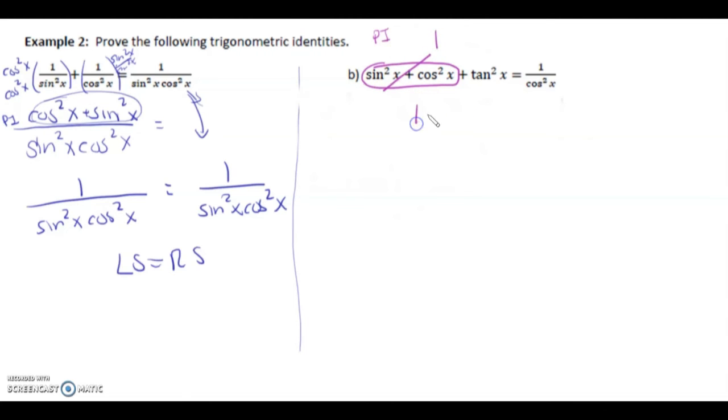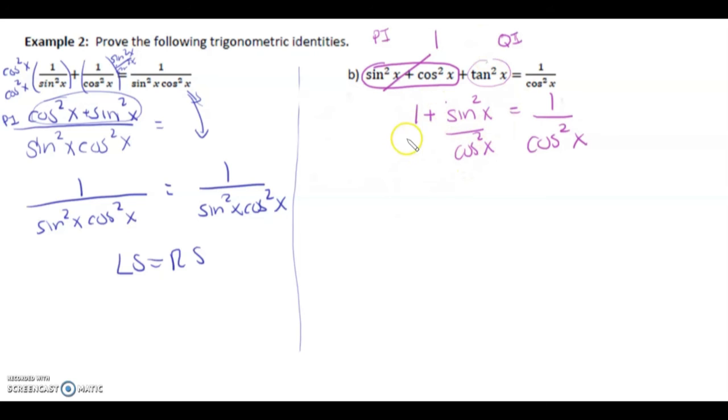So now we have 1 plus tan squared x equals 1 over cos squared x. So this tan squared x, I'm just going to write as sine squared x over cos squared x. How did I get that? This is the quotient identity.